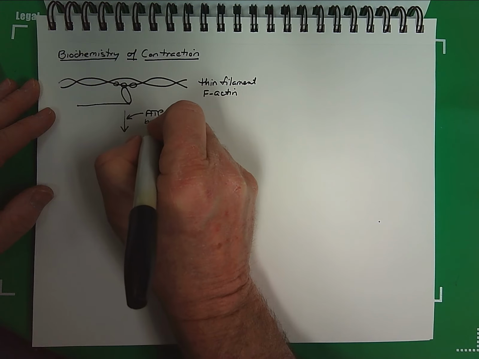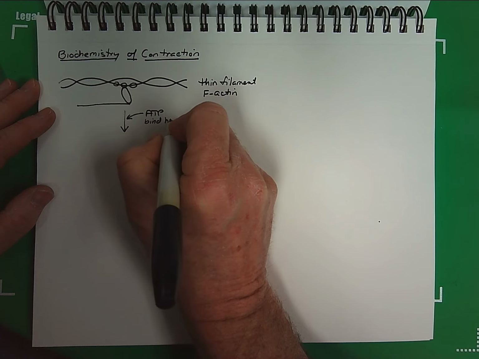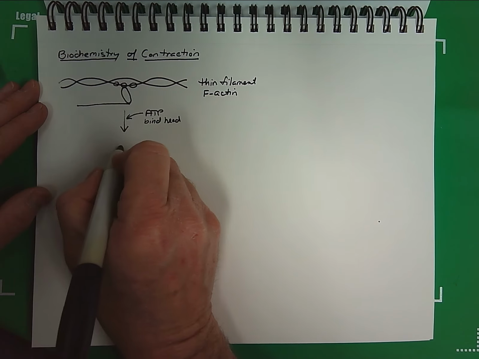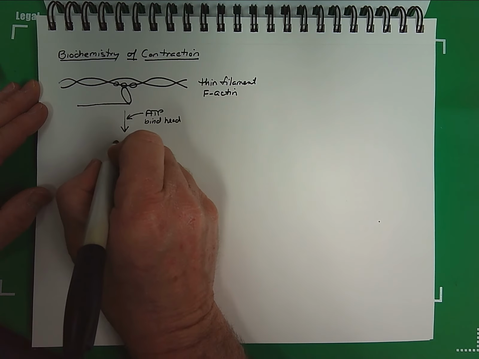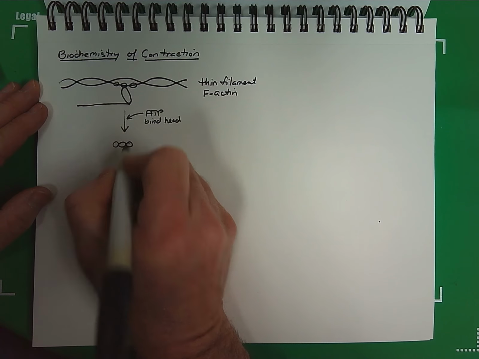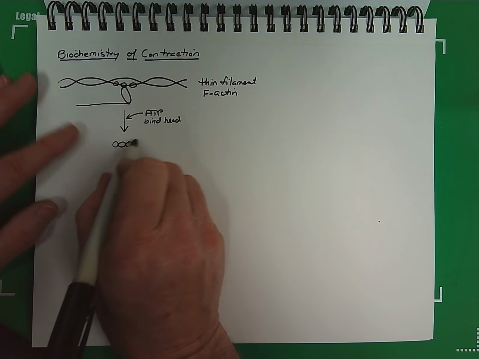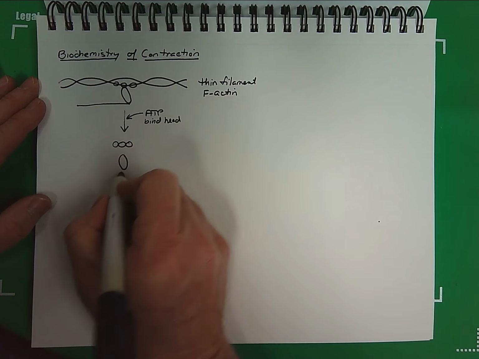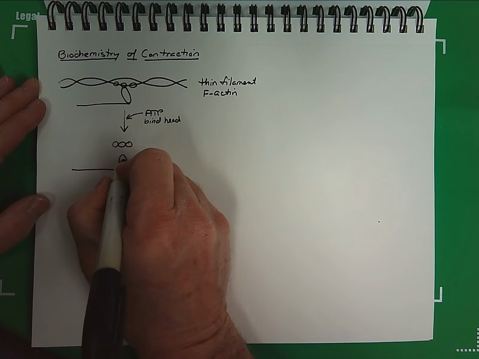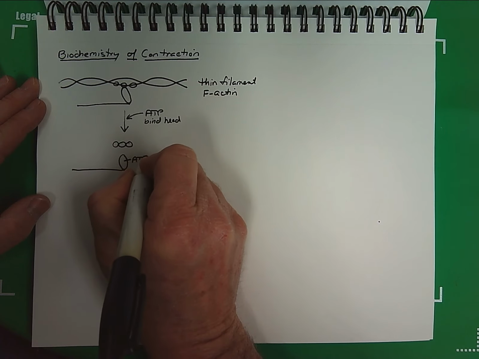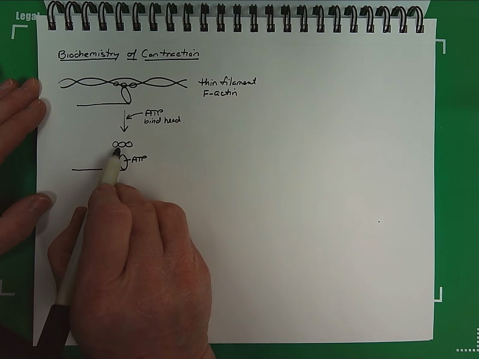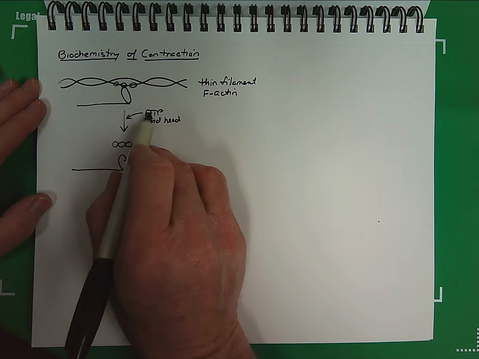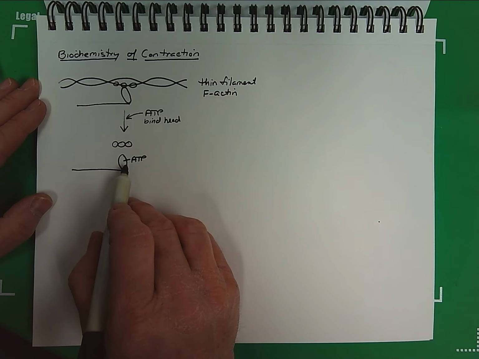ATP will bind the myosin head group. And what we will have in this position, I'll just draw the 3 actin filaments that continue on the filament. We will have now the head group dissociated from the actin monomer after it binds ATP. So ATP induces the dissociation of actin and myosin.